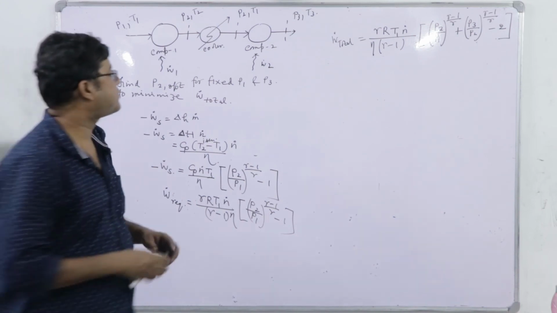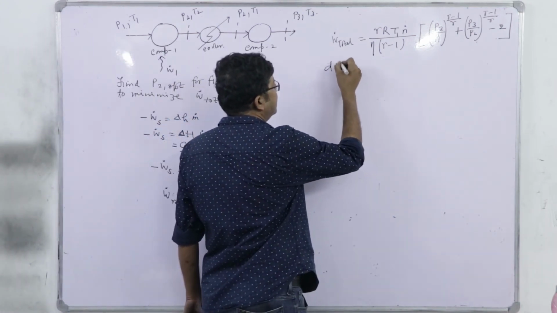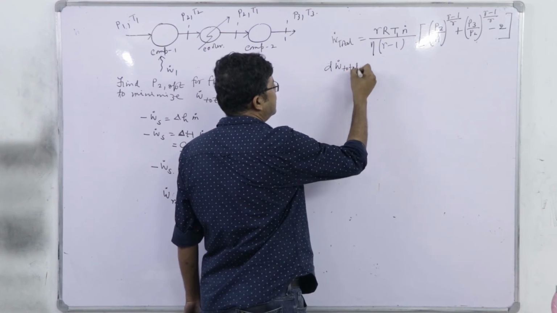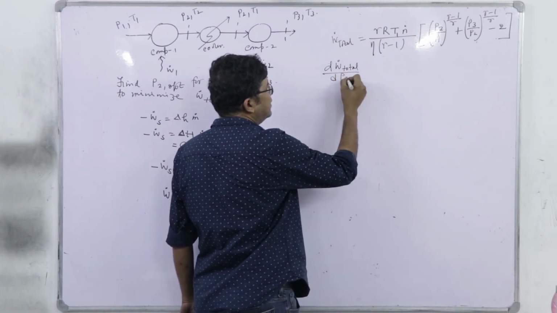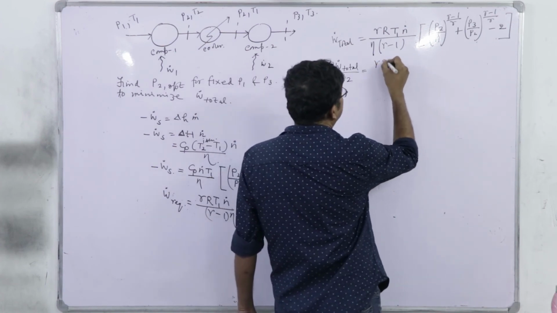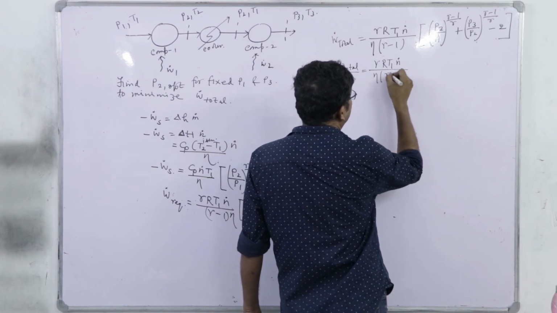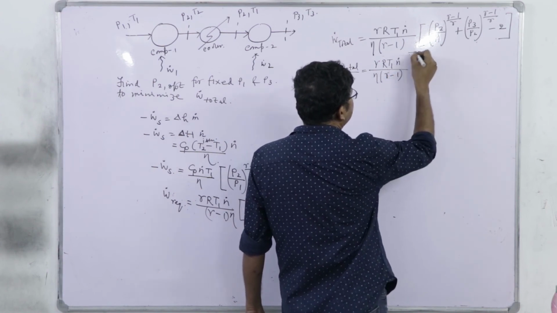So that's my objective function, and we will be taking the derivative of W dot total with respect to P2 and set it equal to 0. This is gamma R T1 into N dot divided by eta into gamma minus 1.